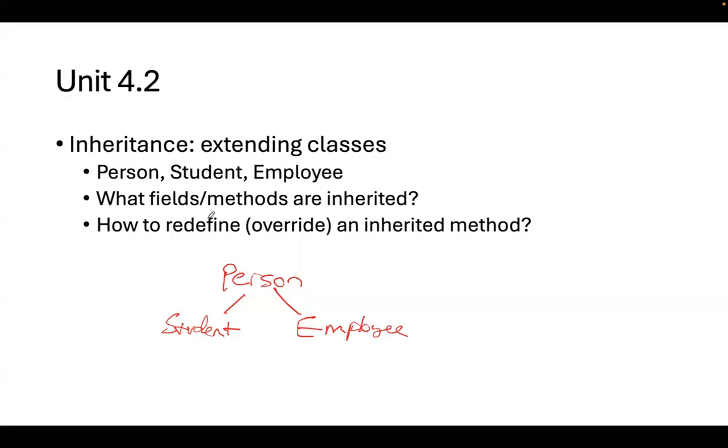We talked about what things get inherited, what things get overridden. How can we override things? So like whenever we define toString, we are overriding the original toString that lives in object.